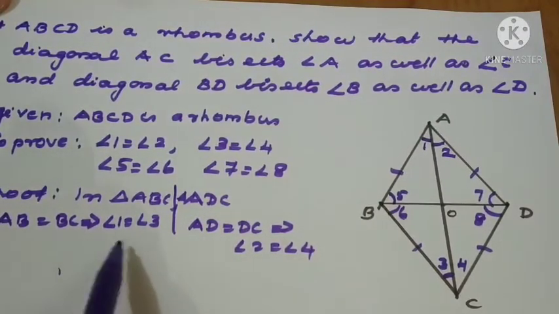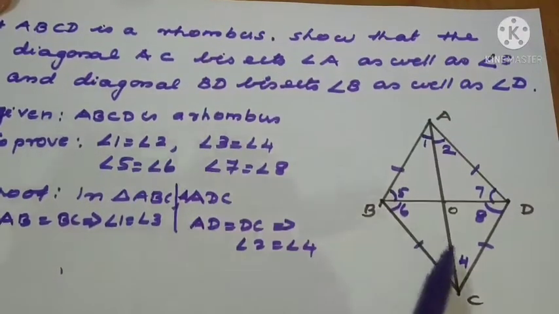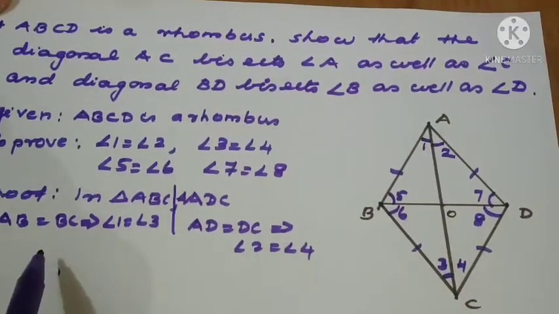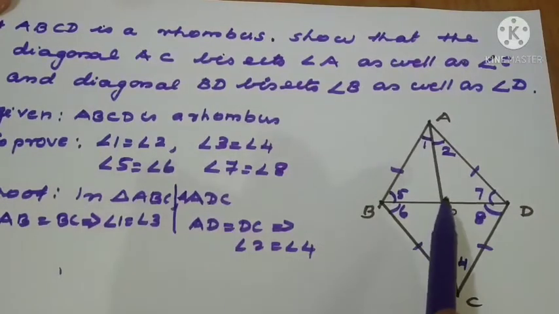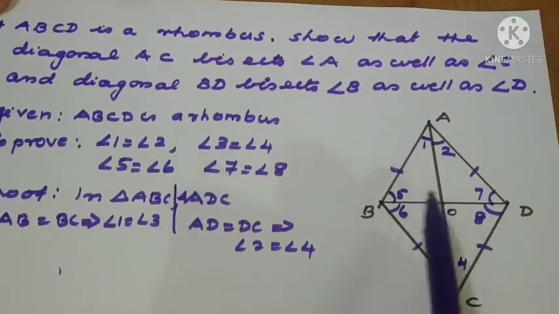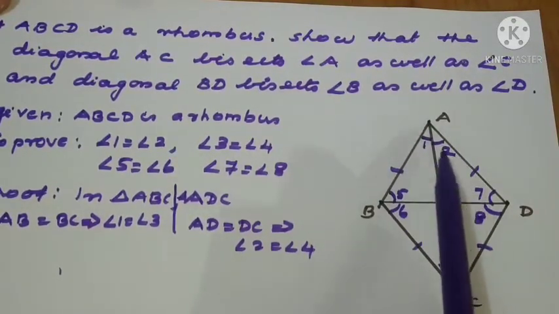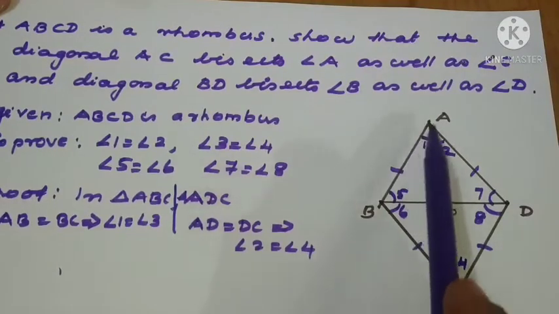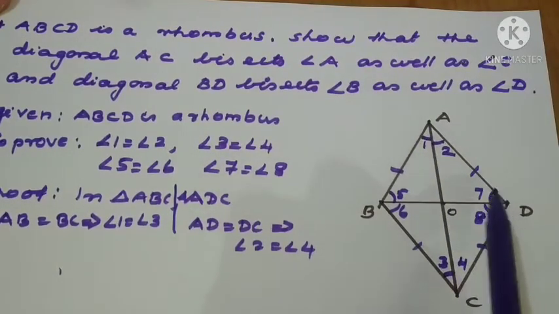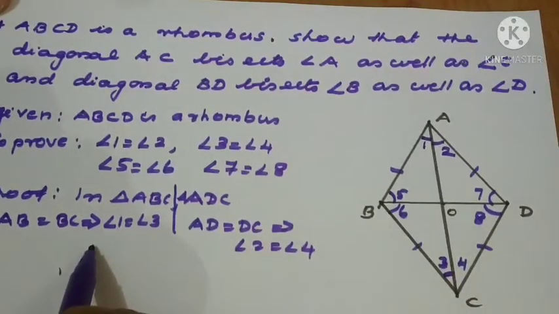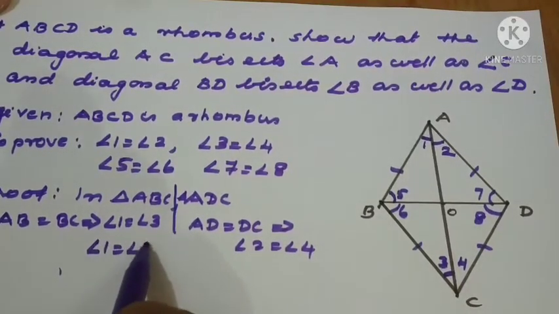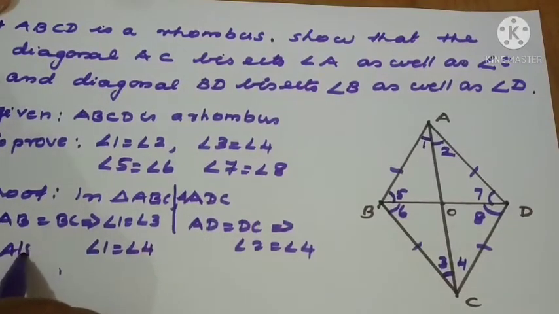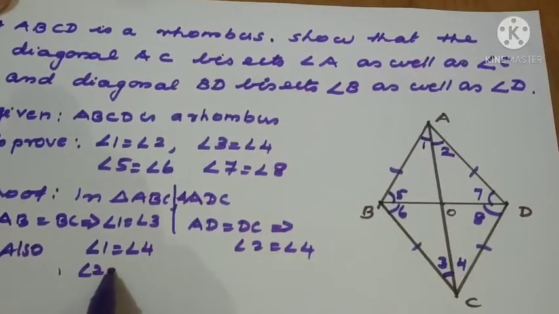Now the next step: what can you say about angle 3 and angle 2? Because a rhombus is a special type of parallelogram, we know that 1 and 4 are alternate interior angles, and similarly angle 2 and 3 are also alternate interior angles. So we write angle 1 equal to angle 4, and angle 2 equal to angle 3.